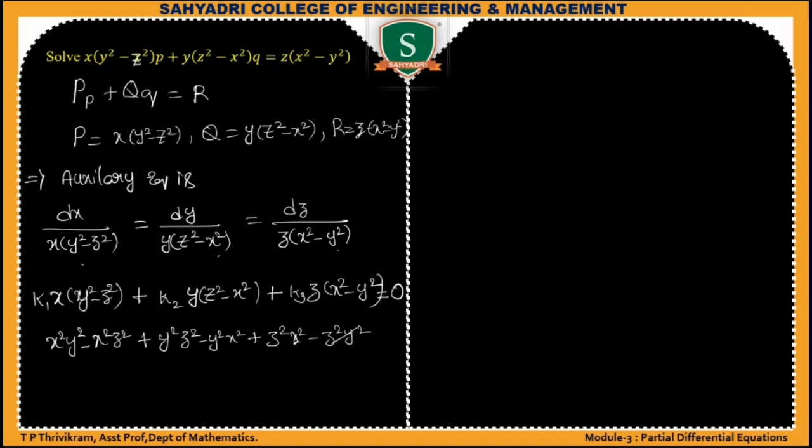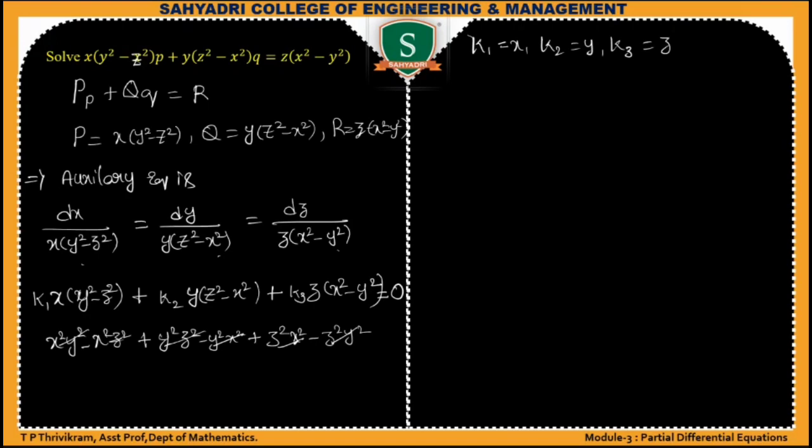So the terms cancel and we are getting 0. So k1 equal to x, k2 equal to y, and k3 is equal to z.